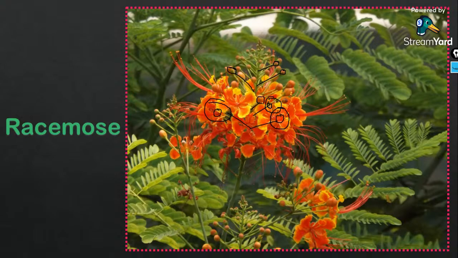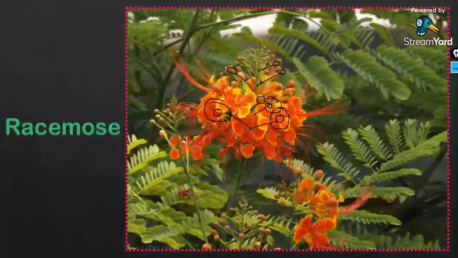Everybody tell me. The older flowers at the base, the younger flowers at the apex. Very good. You will call them acropetal succession. So acropetal succession is seen in the racemose inflorescence.